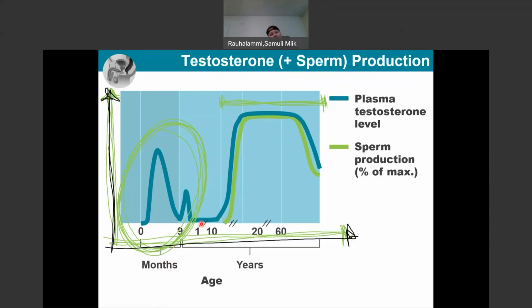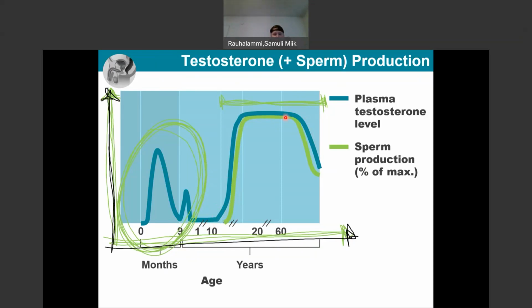So during postnatal life until we reach the age of puberty, when the testosterone levels peak again. And testosterone levels remain high for much of life.